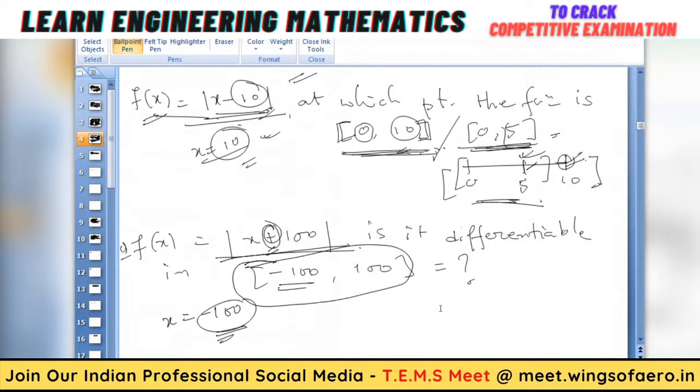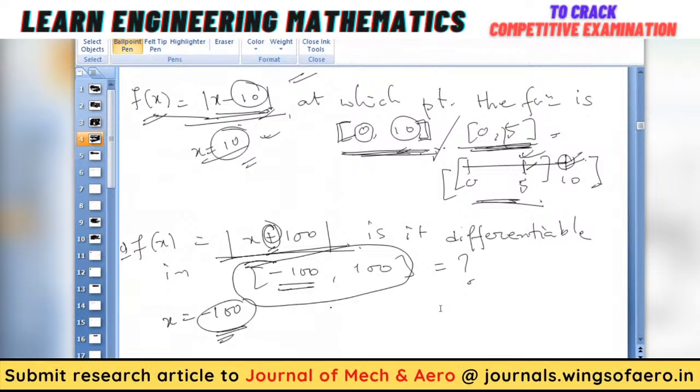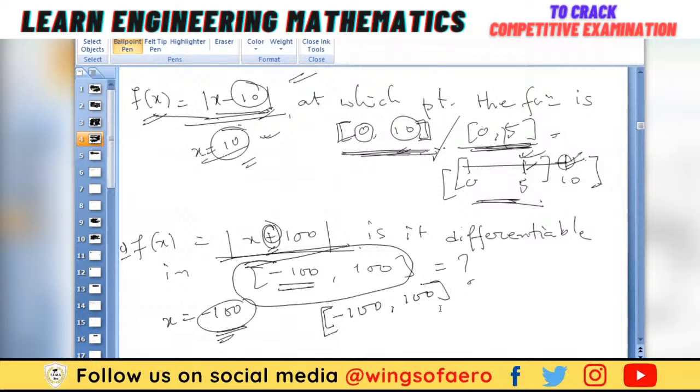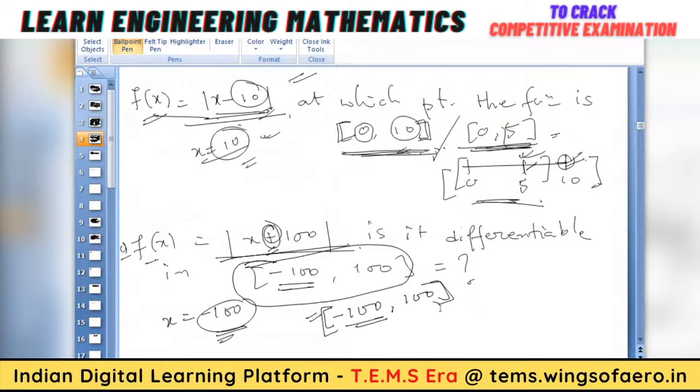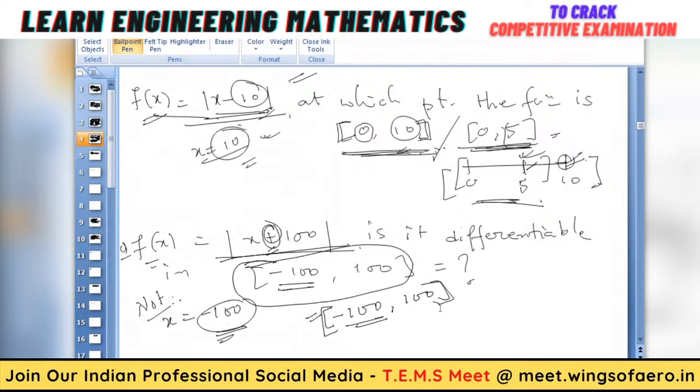We can see that the minus 100 point is included in this interval, because this is the closed interval minus 100 comma 100. Since it is a closed interval, yes, this minus 100 point is included. So if the minus 100 point is included in this interval, then this function is not differentiable.